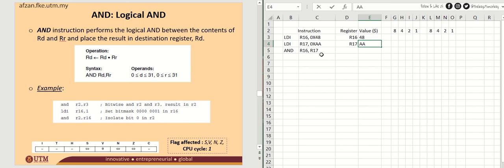Before we do this, we need to know the truth table of logical AND. What is the truth table of logical AND? Okay, let's see. You have A, B, and then the output F. The inputs here are 0 0, 0 1, 1 0, and 1 1.